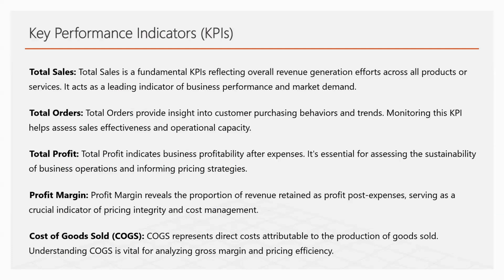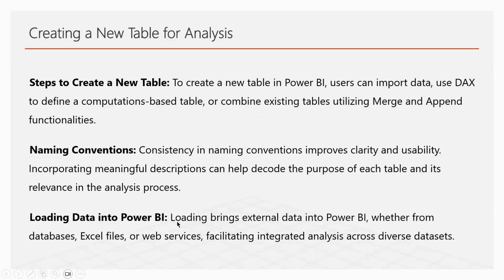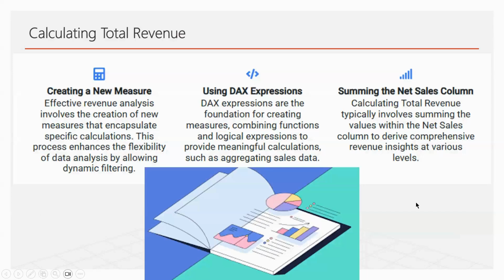We have covered steps to create new table, loading data in Power BI, how we created new measure using DAX, how we made a summation of net sales column, also done calculating total units sold, calculating profit margin, discount offered.